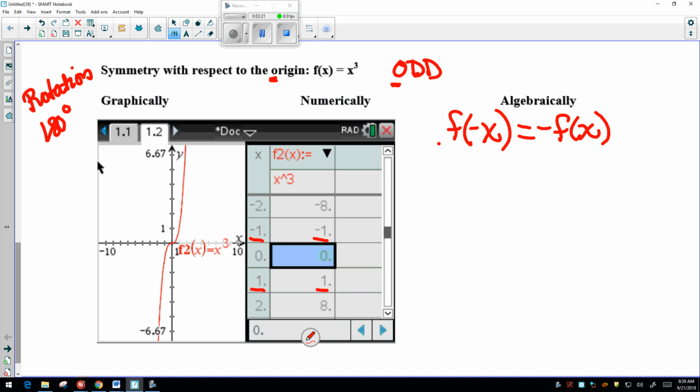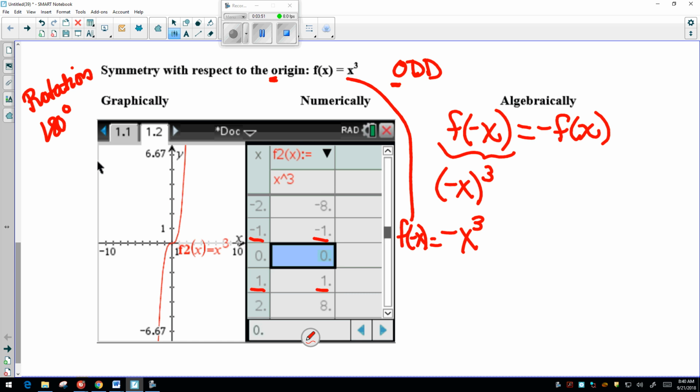So let's test this one first, meaning anywhere in my function I see an x value, I'm going to plug in a negative x, and then I'm going to simplify. So a negative x cubed, well, when we simplify this down, we'll now say negative x cubed. Okay? So this is what happens when we have f of negative x. Notice this is not equal to the original function, so therefore it's not an even function.